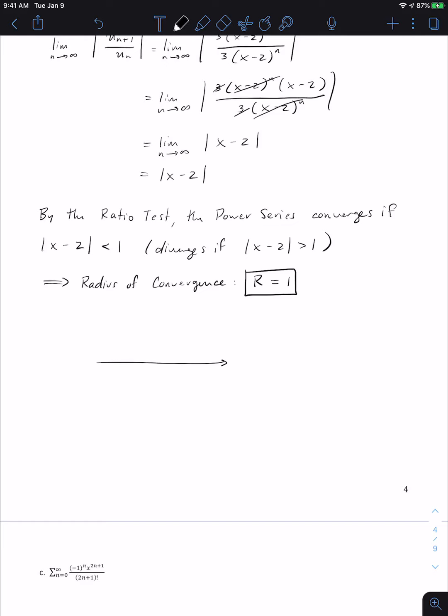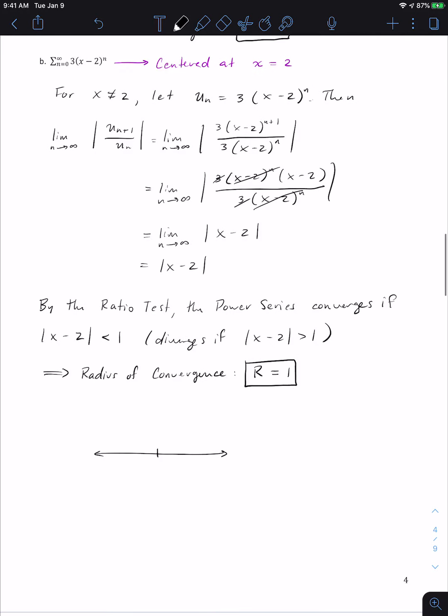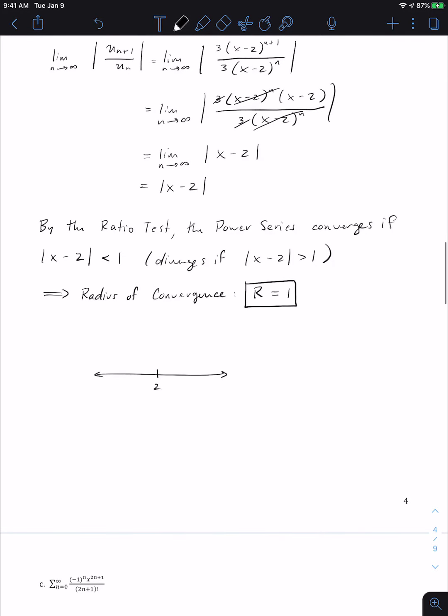Just to say what we've got going on here, we're centered at 2, and we have a radius of 1, so I go to 3 and I go to 1, and I know that I work for 2 and for everybody in this interval. This is adding 1 to 2 and subtracting 1 from 2. So my interval of convergence, which the question didn't really ask for, is going to be 1 to 3.